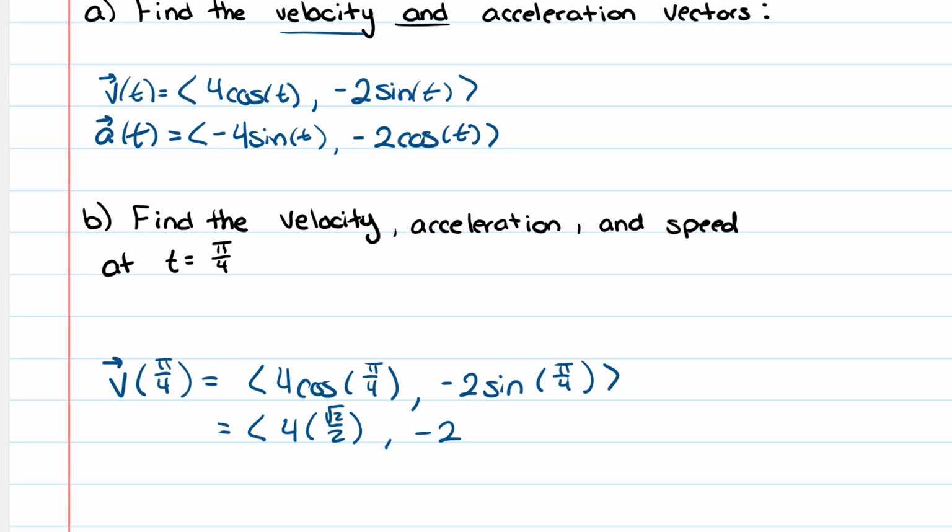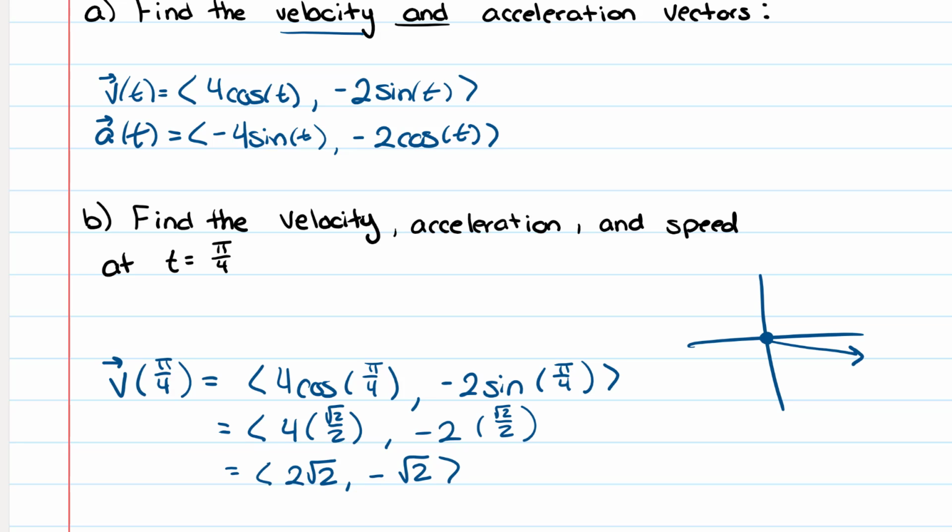And so we simplify that. So what this means, if our velocity vector is 2 radical 2 comma negative radical 2, our velocity is a vector that looks something like this. It has the x distance of 2 radical 2 and a y distance of negative radical 2.